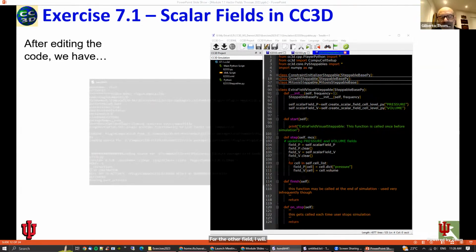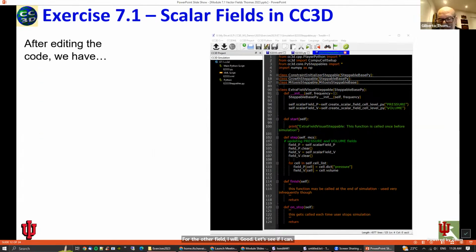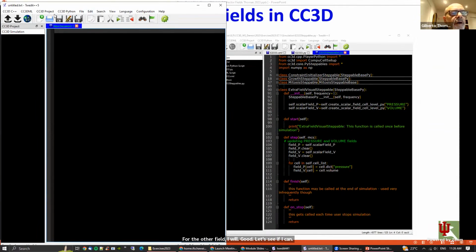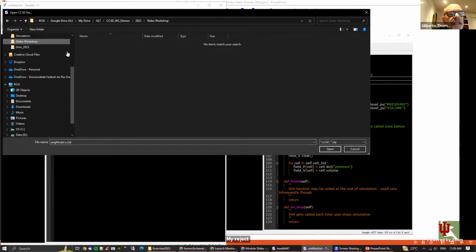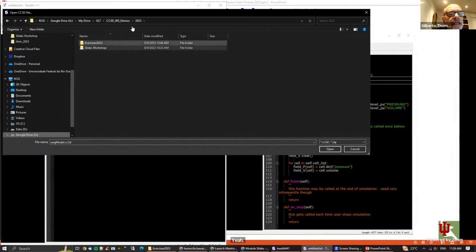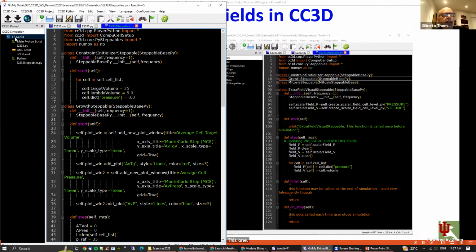Let's see if I can open my project here. Exercise 7.1. This one. So slow, my computer today. Here.